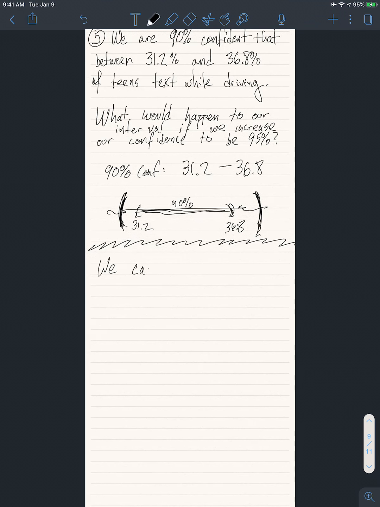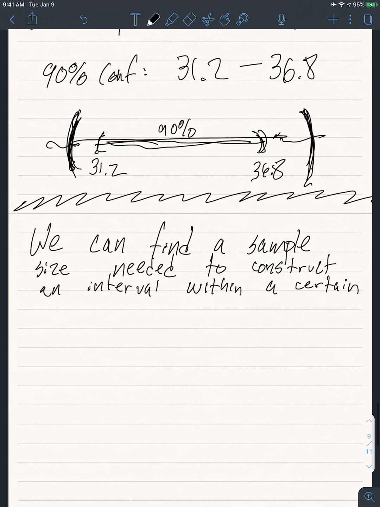We can find a sample size needed to construct an interval within a certain margin of error.